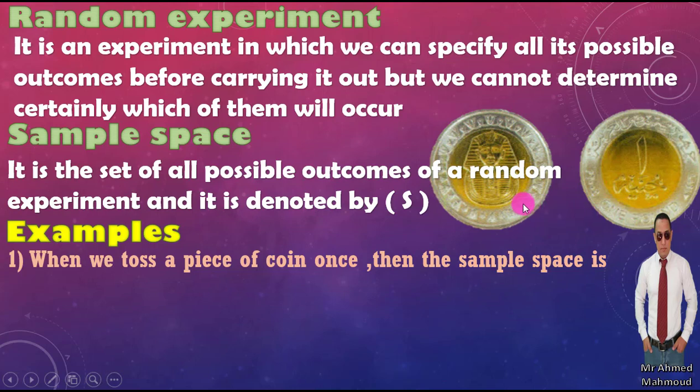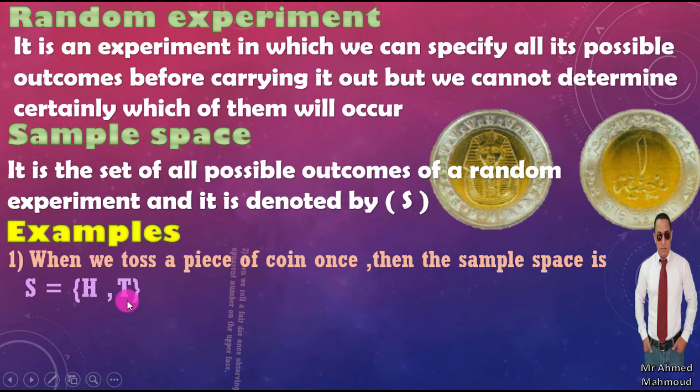When I flip the coin once, the appearance will be head or tail. So we write the results inside a set, and this set is called the sample space. In this example, the sample space is the set of head or tail.